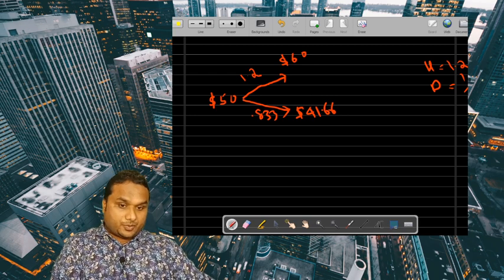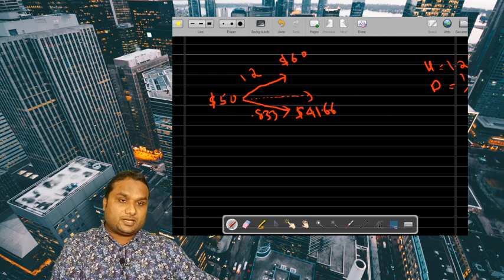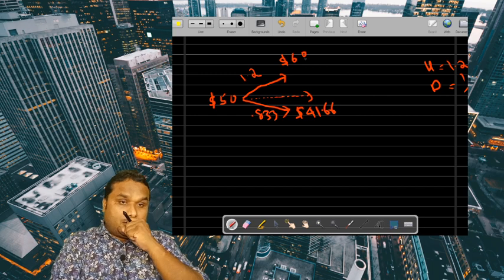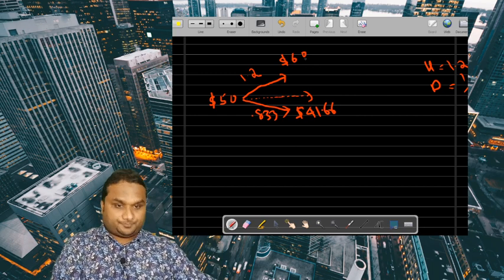Now the present market price is $50, right? Suppose the price of the stock moves upward to $60. Mr. Raju, as in the earlier example, is still able to purchase the stock at $50.